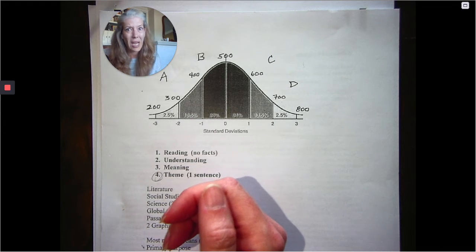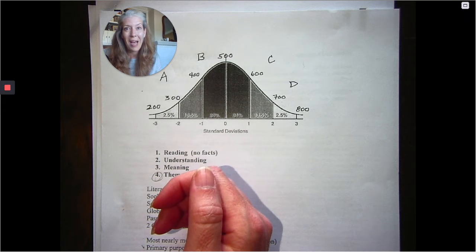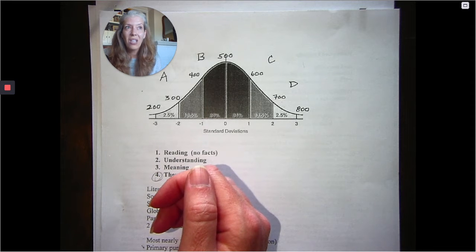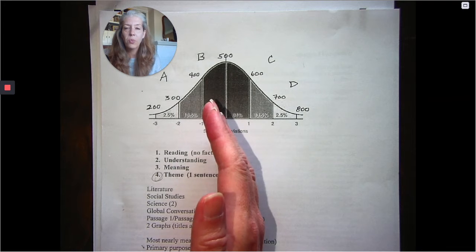Probably most of you took it in 8th grade, you may not remember. And then you got your results back, and as every 8th grader does, you put them at the bottom of your backpack and pull it out at the beginning of the next school year. And then you took it again in 9th grade. You took it again in 11th grade. So you have multiple interactions with this test.